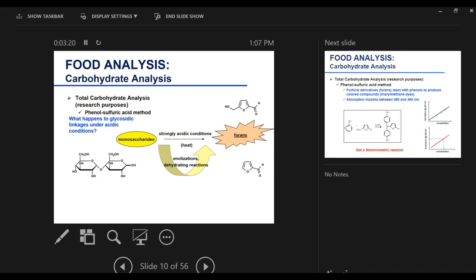Okay, so with that, you would analyze the total carbohydrates using a method we call the phenol sulfuric acid method. So what happens there is you use a concentrated sulfuric acid. Again, the concentrated sulfuric acid is very powerful in breaking bonds. First of all, it generates heat.